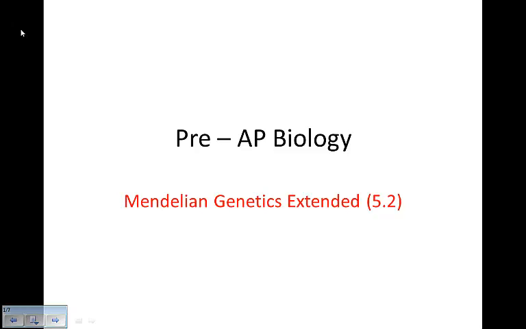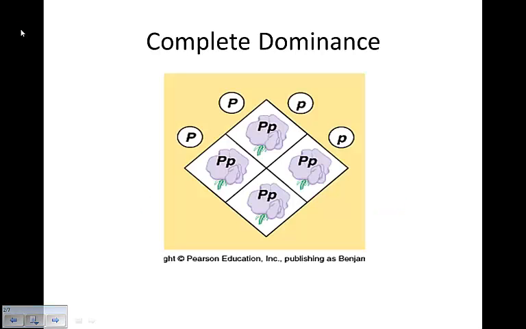All right, so we're going to talk about some more details related to Mendelian genetics. We have this concept called complete dominance. Remember, dominance is a capital letter, so the dominant allele has information and it is expressed, even if there's only one copy.